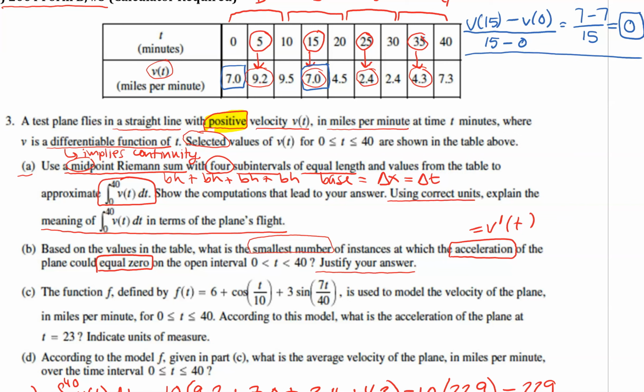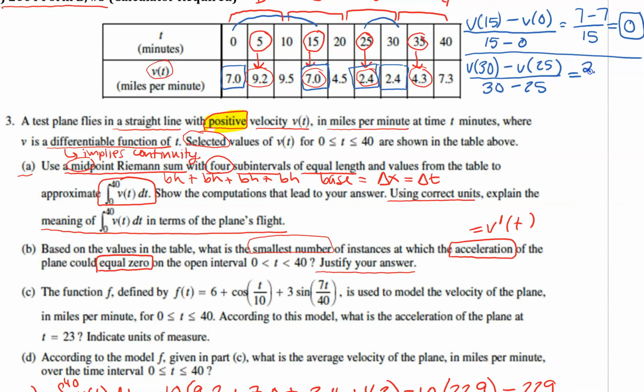And then you might be noticing another one now that we kind of see what we're looking for. I noticed that there is another interval. So we're looking for intervals, right? Places where the change in velocity over the change in time would be 0. So the other one is from 25 to 30. So velocity at 30 minus velocity at 25.